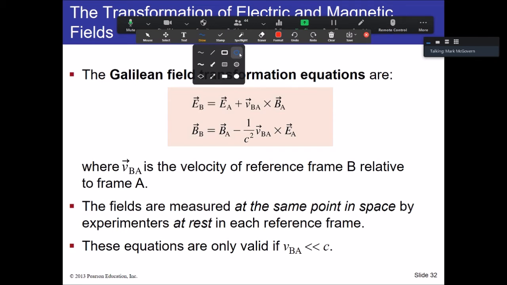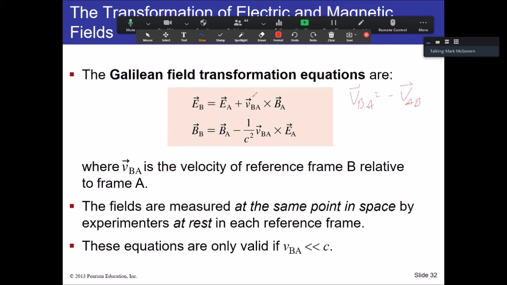So what I mean is this. If A is stationary and B is moving to the right, well then make B stationary. That means A moves to the left. Basically the statement is this. The velocity BA is minus the velocity AB.